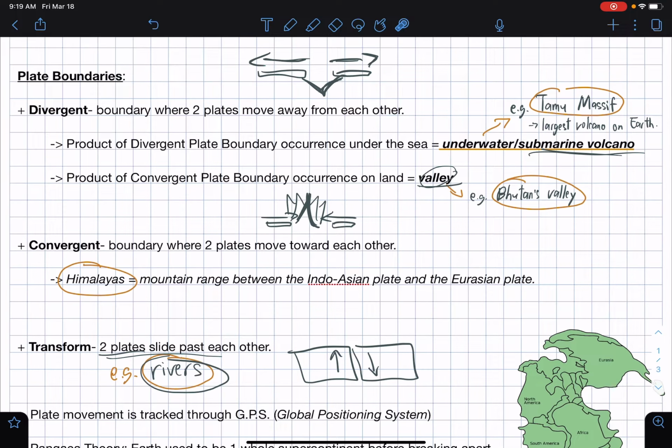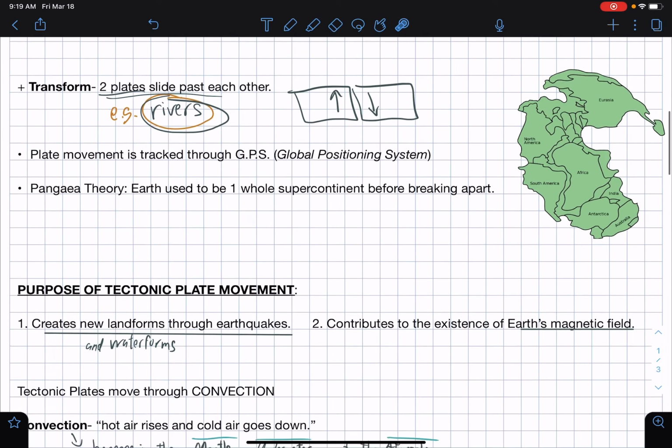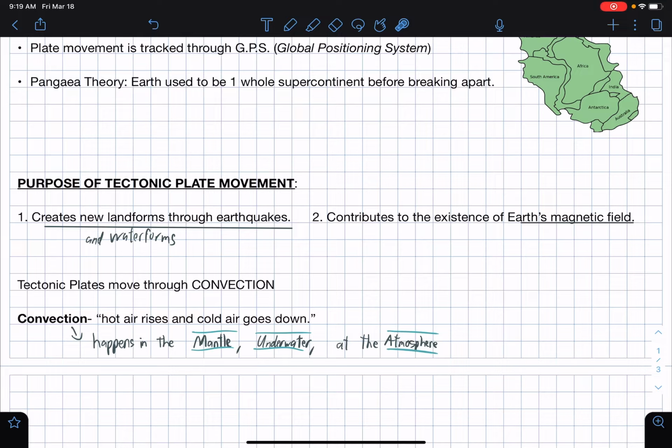When earthquakes happen in convergent plates, mountains are formed, and for transform, earthquakes form rivers. These two purposes are not the only purposes. Maybe there are more, but these are what you basically have to know.